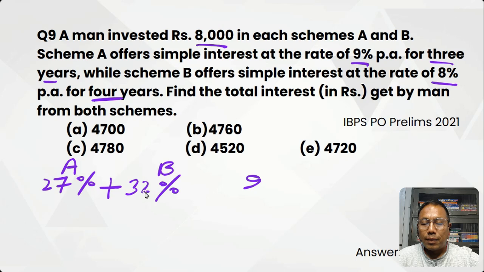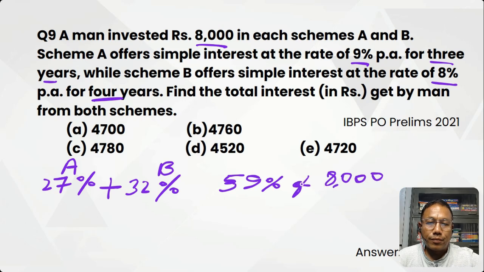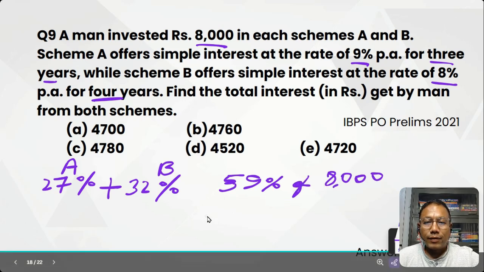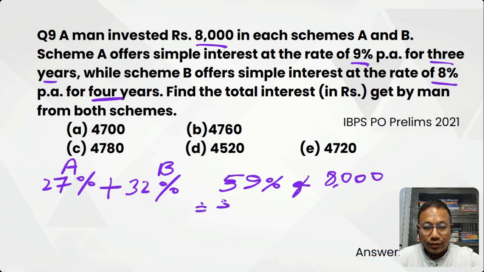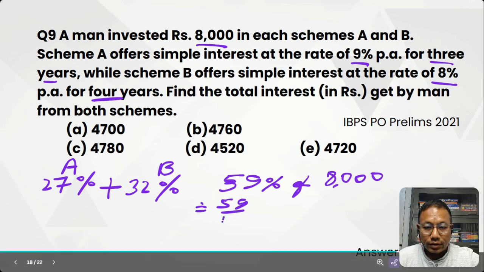27 plus 32 is 59%. 59% of 8,000. You have to find this value. This is equal to 59 divided by 100, of means into 8,000.